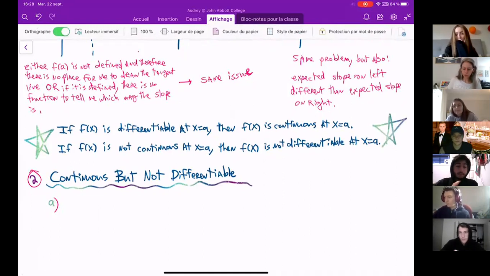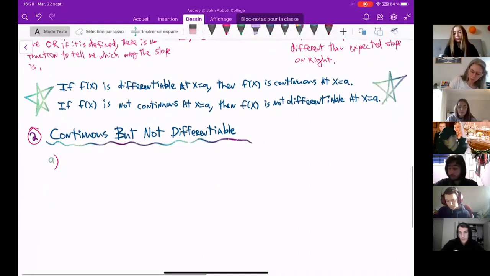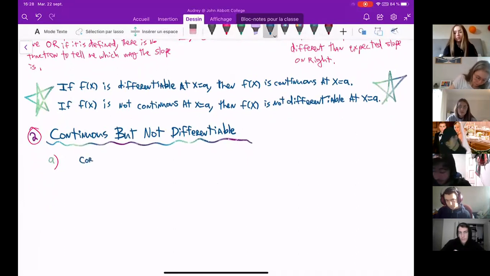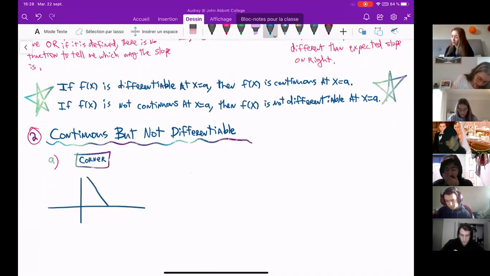Okay, so the first thing that could happen is something that's called a corner. And a corner looks something like this.